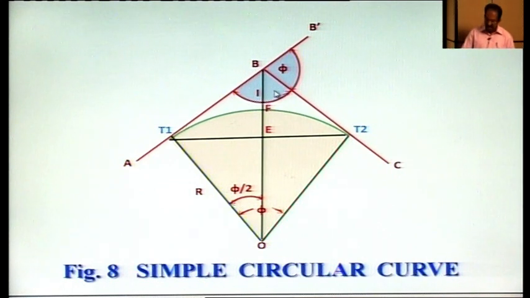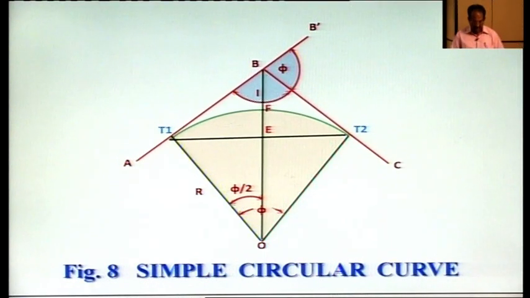And similarly, when the curve deflects to the left side of the progress of survey, it is called a left handed curve. Accordingly, it is named right or left handed.